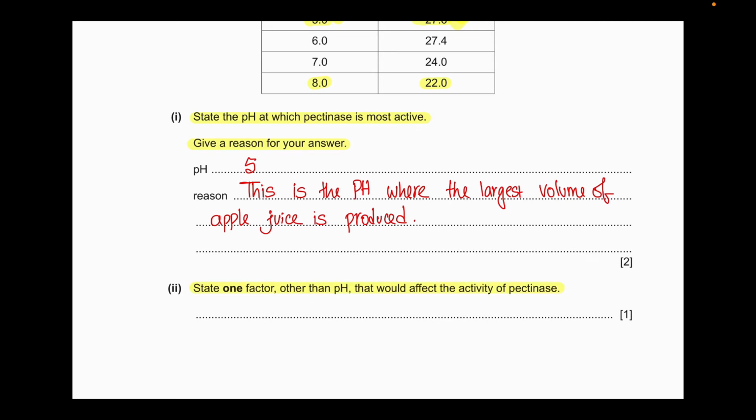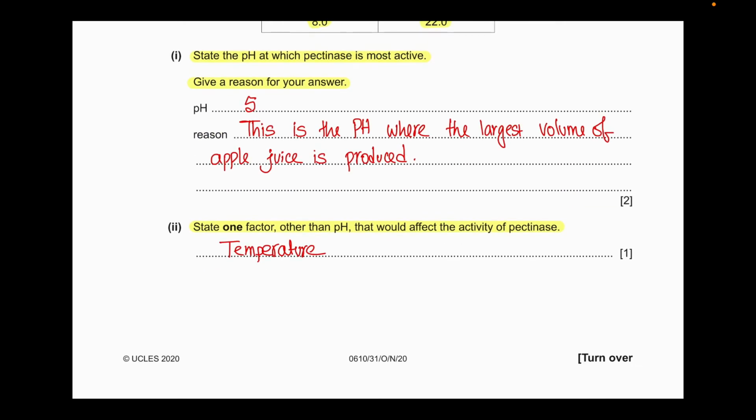Definitely temperature would affect the activity of pectinase. So we should include temperature. And another factor that would greatly affect the activity of pectinase is the surface area of the apple. So we must make sure that the surface area of apple is the same in every case.